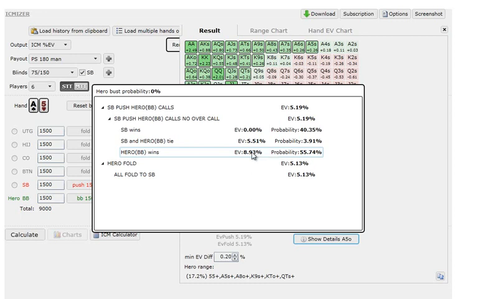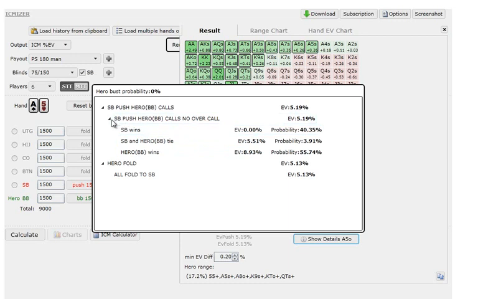So that's how you get this EV push 5.19 value. You multiply 8.93 by 55%, tie by this small percent, add those up, and you get this value. This is ICM figuring out those values. Then it's simply multiplying probabilities, and you get the actual final result.